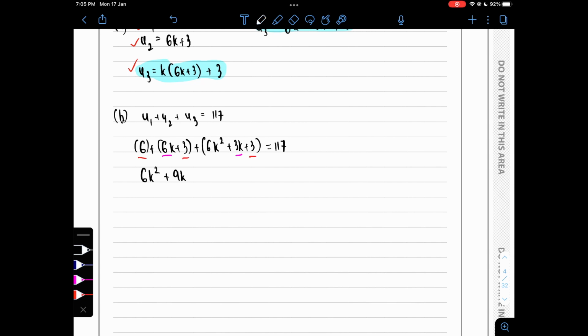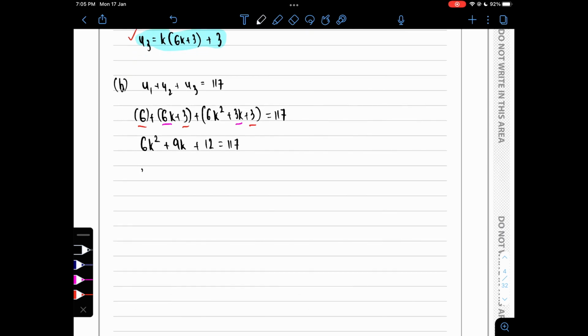So plus 12 equals 117. Then we can take it to the other side. So now it's just a simple quadratic equation. So plus 9k minus 12 minus 117 is minus 105 equals 0. Now can we simplify this? Pretty sure you can. We can divide by 3.